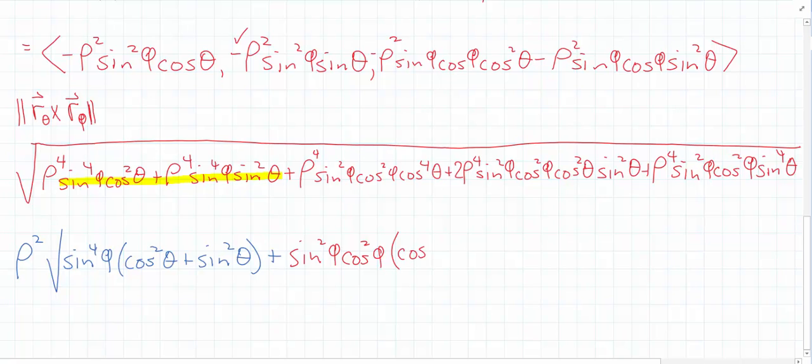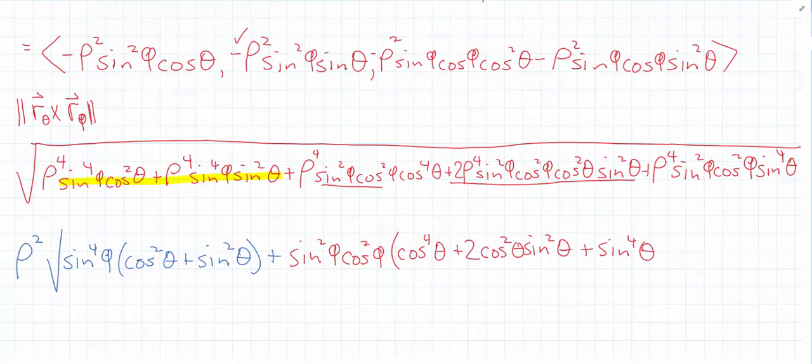I have cosine to the fourth theta, because I factored these out, plus 2 cosine squared theta sine squared theta. Okay, so that's this right here. And then plus sine to the fourth theta. Okay, so there's what I have so far.